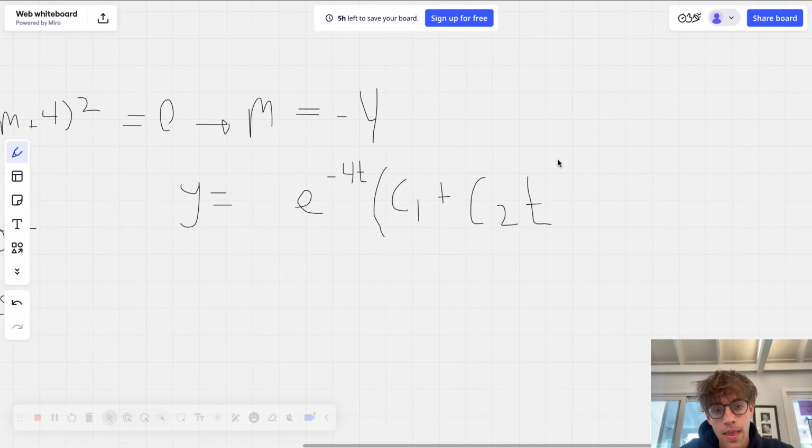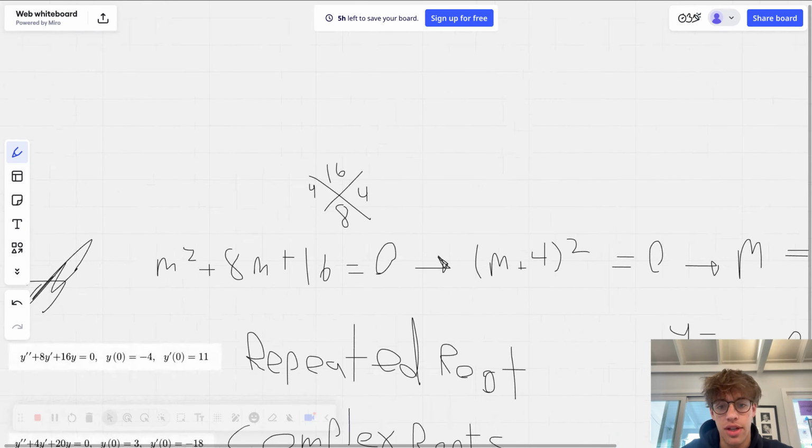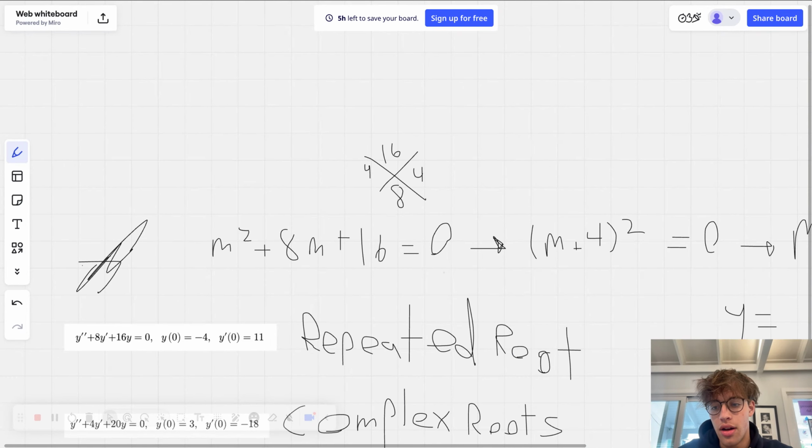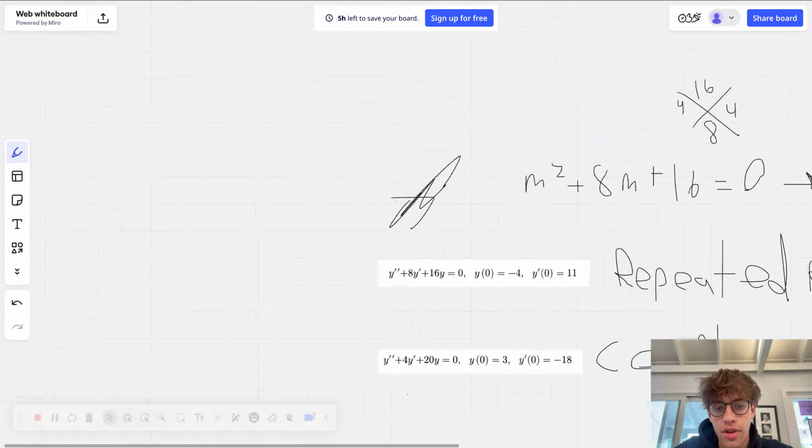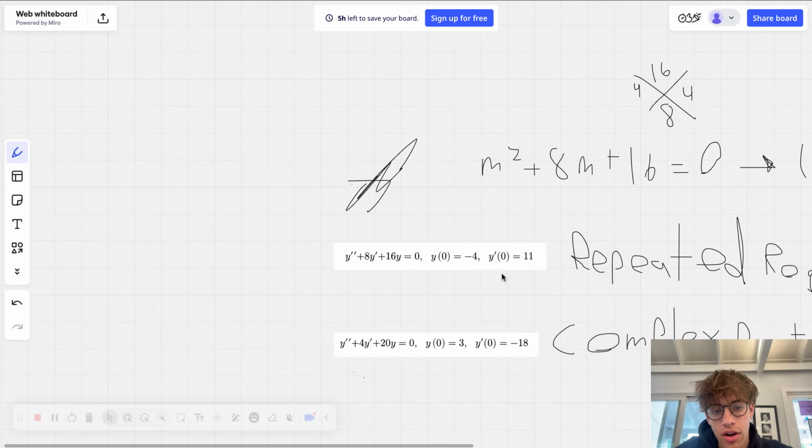So this is our solution, but we have an initial condition, so we can solve further. Let's see what the conditions were. We have y(0) equals -4.